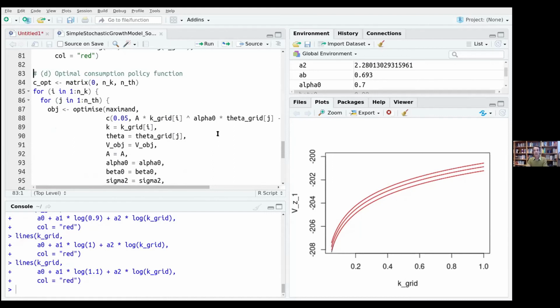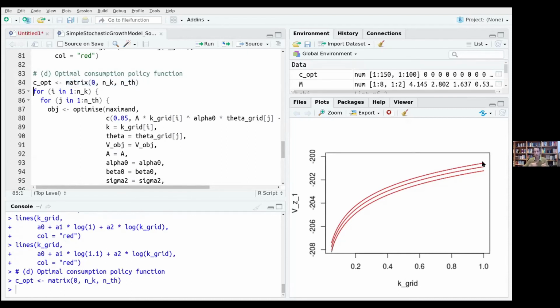Okay. And then, of course, the next question is, what's the optimal consumption policy? And again, the optimal consumption policy also depends now on both state variables. So we can decide the optimal consumption as a function of capital stock and technology level. So if we want to find the optimal consumption policy, we need a matrix. And later on, we have to interpolate again. So again, we need this double loop over capital and technology.